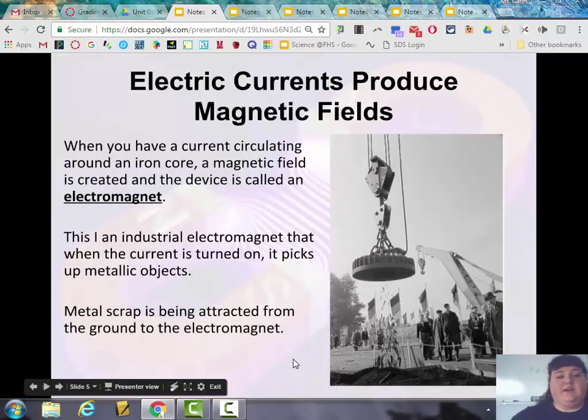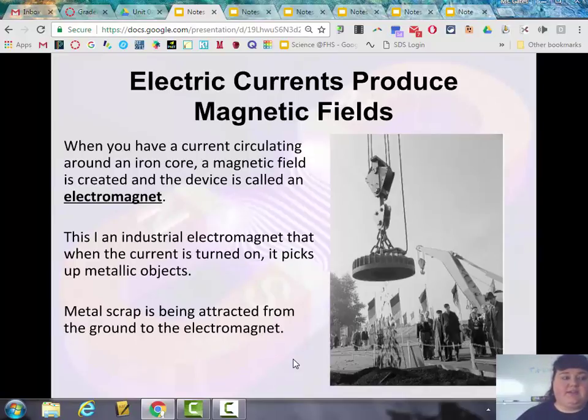A use of using electricity to generate a magnetic field is in something called an electromagnet. An electromagnet is a device where you have a coil of wire wrapped around an iron core, and you pass current through it, and as the current flows, it produces that magnetic field. A lot of people in industry, especially junkyards, use electromagnets.